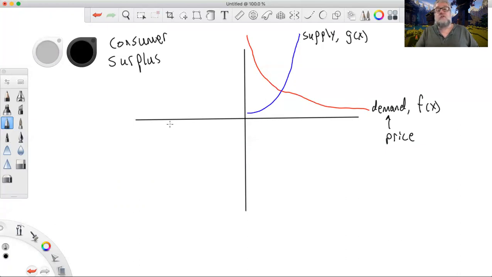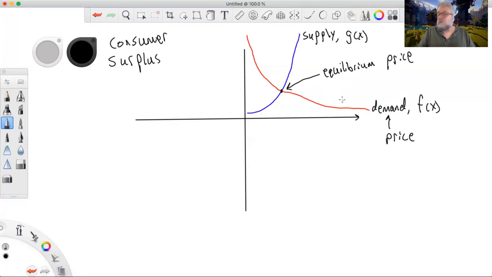Consumer surplus is when, oh, and this point right here, this is called the equilibrium price. That's what should be the price of the product based on the supply and the demand curves. And so this has coordinates.